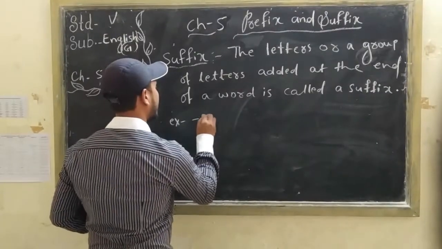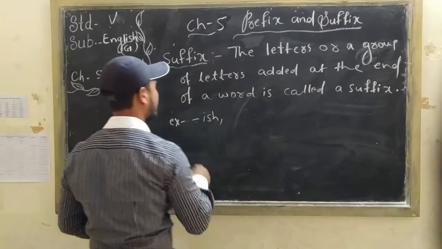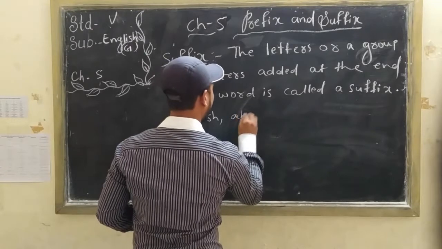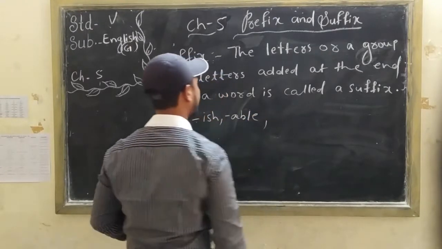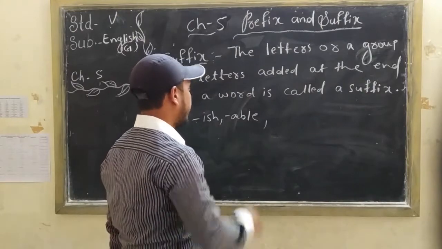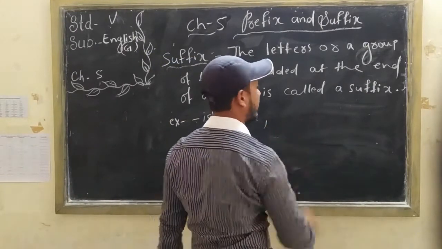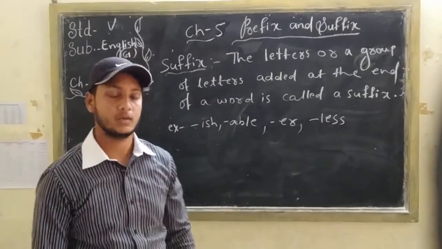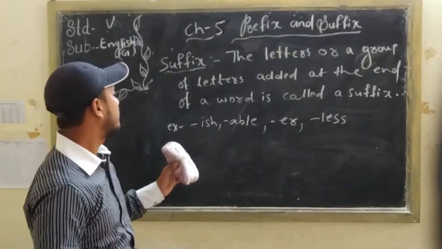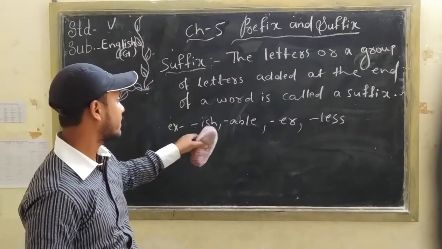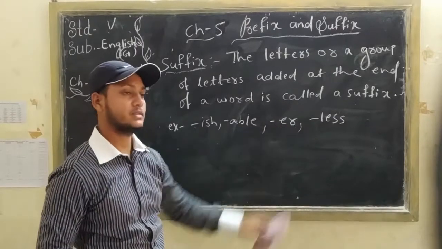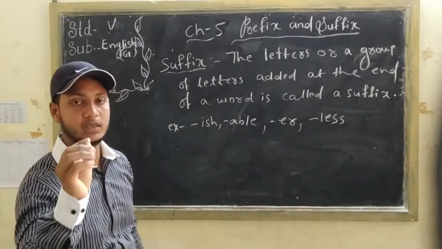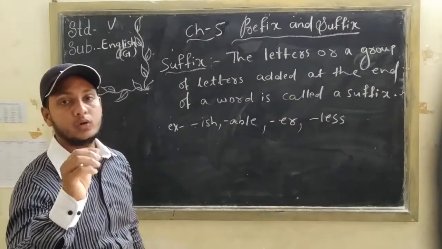For example, your suffixes are ist, able, er, less. These are examples of suffixes: letters, a group of letters, that are added at the end of a word to make a new word.